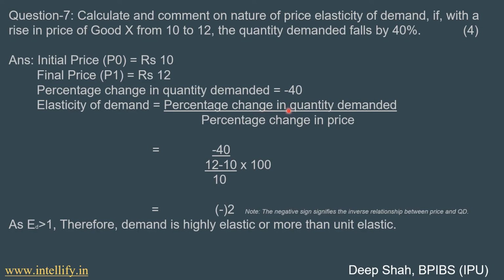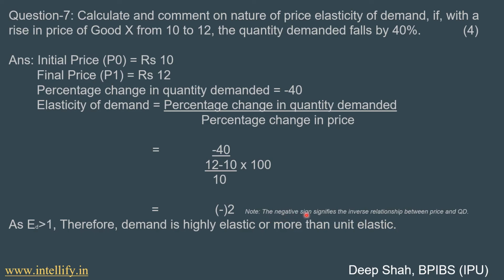So percentage change in quantity demanded is 40 and percentage change in price can be calculated by applying the formula P1 minus P0 upon P0 into 100. So you can calculate it separately and then put it in this formula. The answer will come out to be minus 2. Here the minus sign indicates the inverse relationship between price and demand.